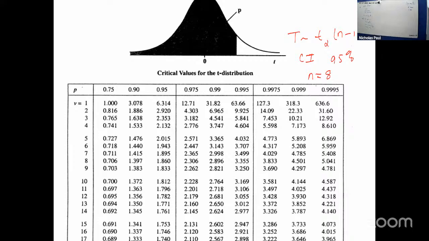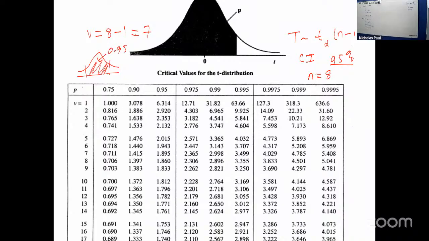Number 1, we need degrees of freedom. Your degrees of freedom is n minus 1. That'll be 8 minus 1, which is 7. Remember, we want to get a 95% confidence interval, so just like when you did your normal, this area here has to be 0.95.